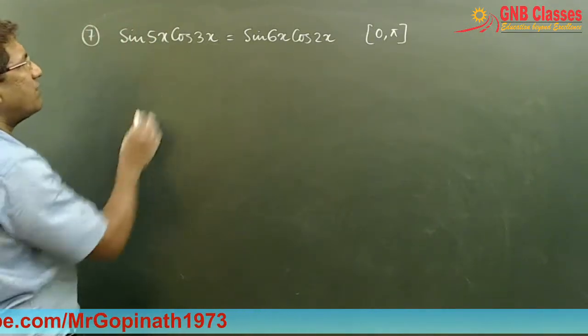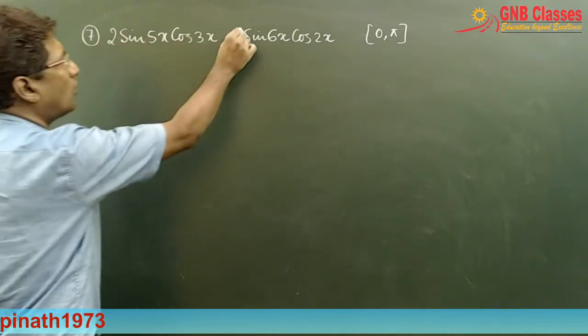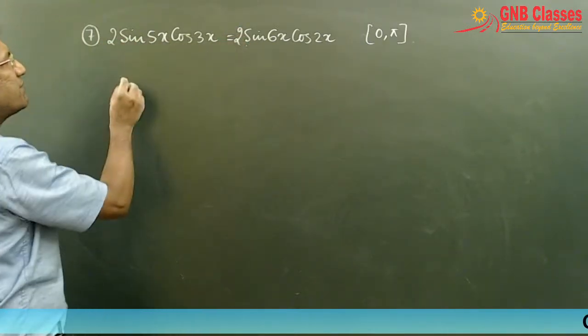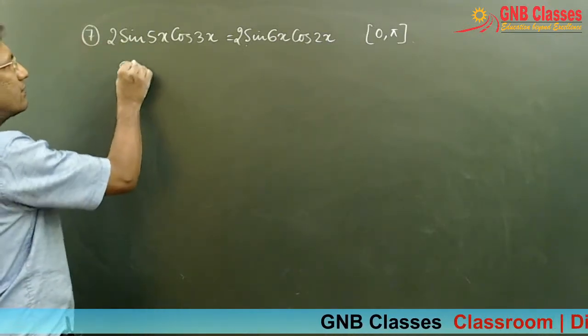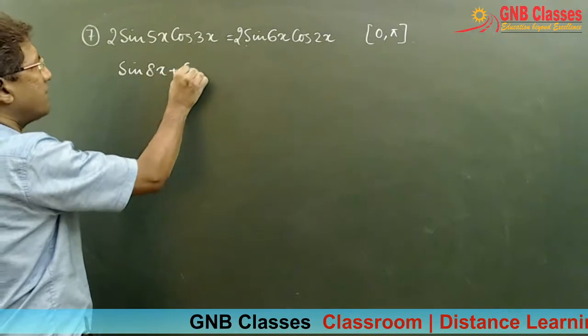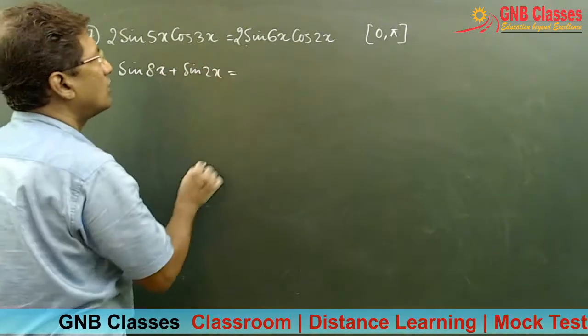So what I'm doing in the given equation, I'm multiplying 2 on both sides. So in the left hand side we are applying the formula 2 sin a cos b, which is sin (a plus b) plus sin (a minus b).